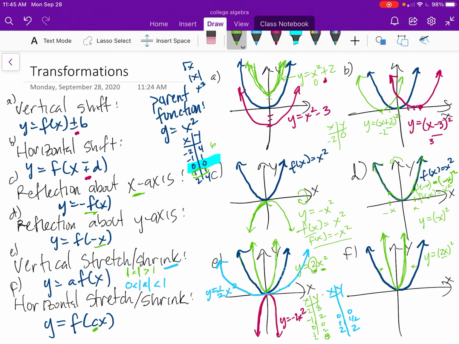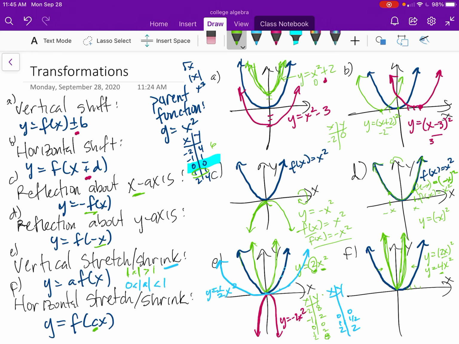In this function, if we actually expanded y equals 2x to the second, we'd get y equals 4x to the second. And now that looks like a vertical stretch, right? Even larger than the last one. This thing should be even skinnier. That's why I didn't draw numbers here to tell you what the axes represent, trying to demonstrate the point.